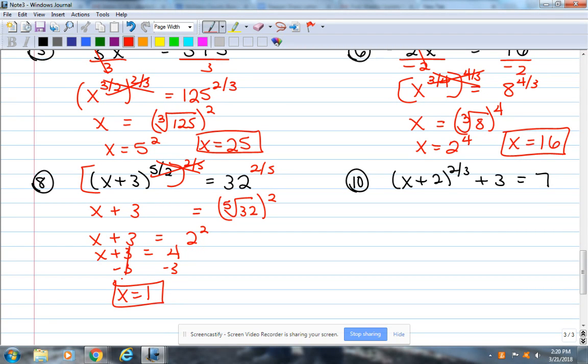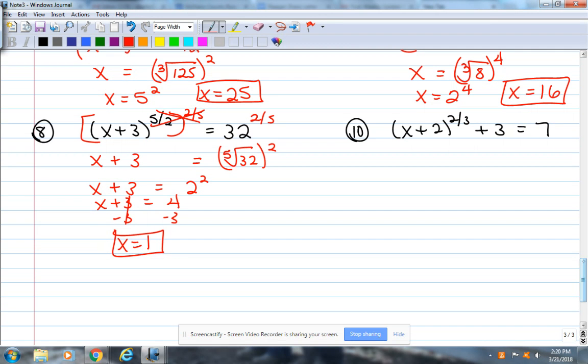Number 10, same thing, but there's just one more step at the beginning. What do you have to do first on number 10? Subtract the 3. So that is x plus 2 to the 2/3 power equals what? Okay, and how do I get rid of the exponent? That's right, 3/2, reciprocal. Cancel, cancel.